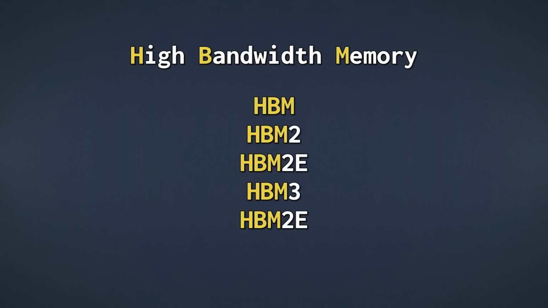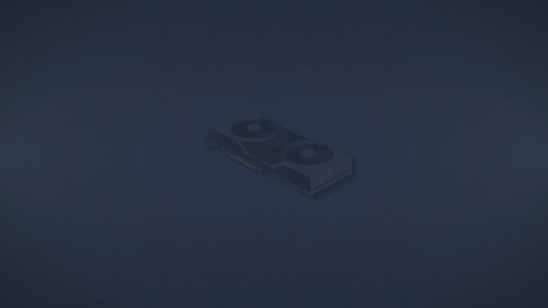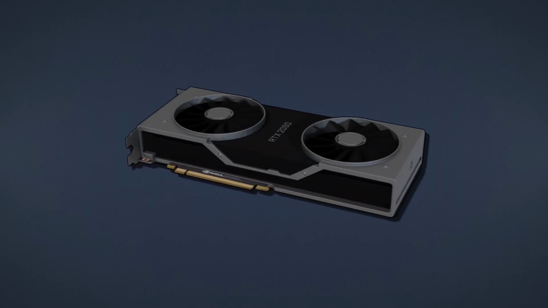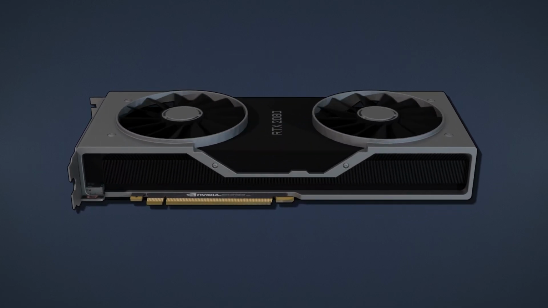It features vertically arranged DRAM dies and has significantly more pathways connecting it to the GPU. Because of this, these pathways aren't just printed on a circuit board like with GDDR, but require semiconductors called interposers. But honestly, I don't know enough about these technologies to go into more detail. Also, this is not an engineering video, we only care about the basics. So again, VRAM is just a specialized kind of DRAM that lives on your graphics card.